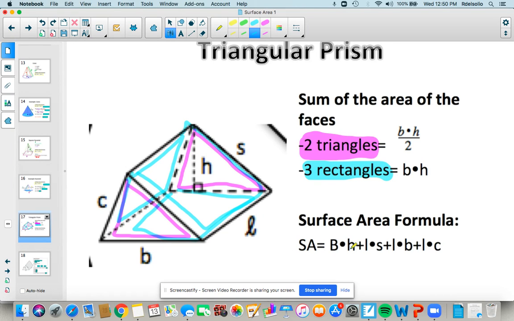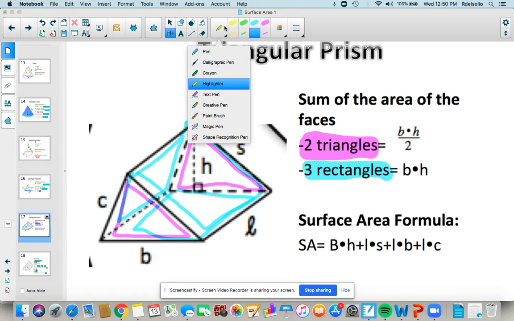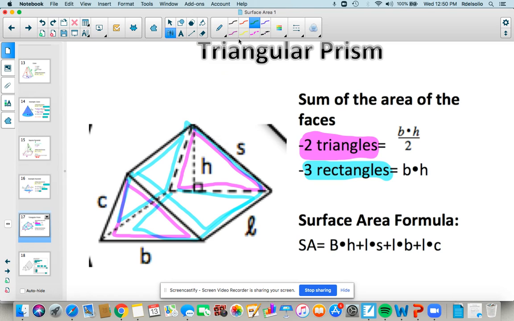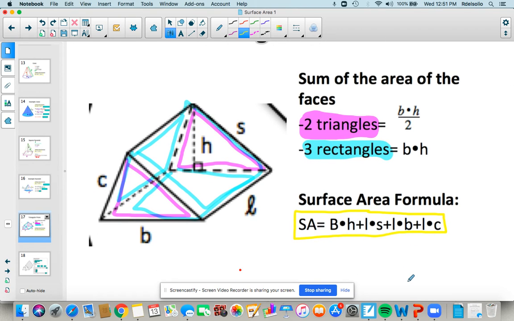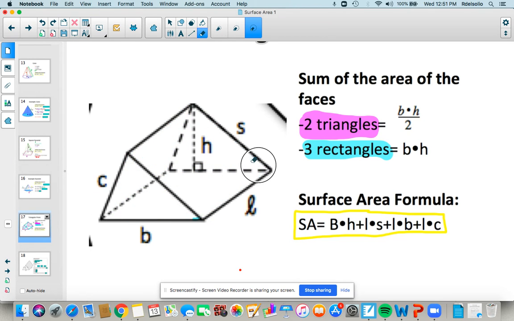Or we could just follow the surface area formula, which is surface area equals base times height plus L times S plus L times B plus L times C. Whew. I know that's a lot, but all of the information is labeled here on the picture, and you just have to plug the information into the formula.